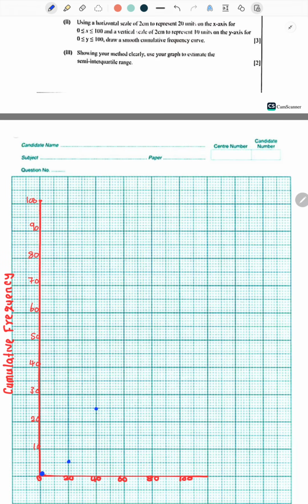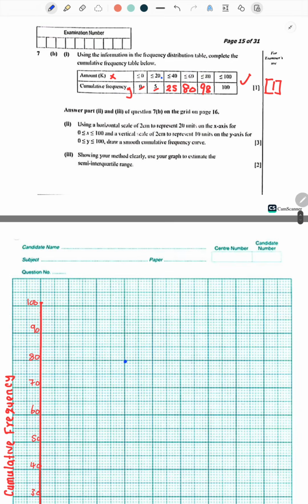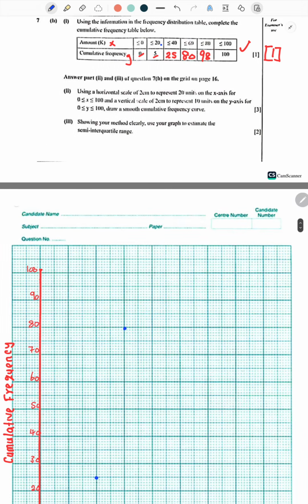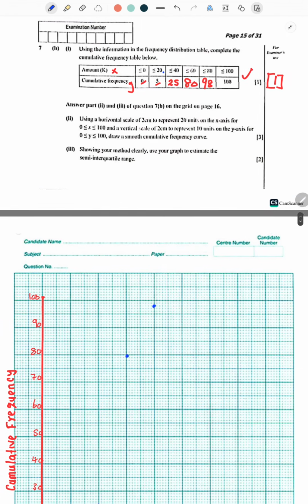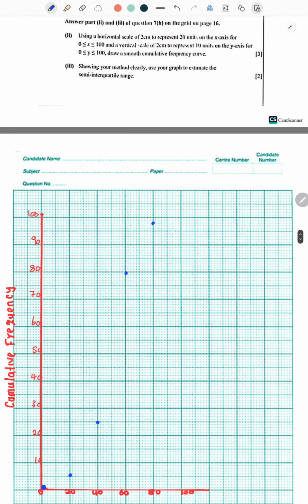And then they say 80, 98, which is somewhere here. Then 100, 100, so we go where 100 is. It's here.